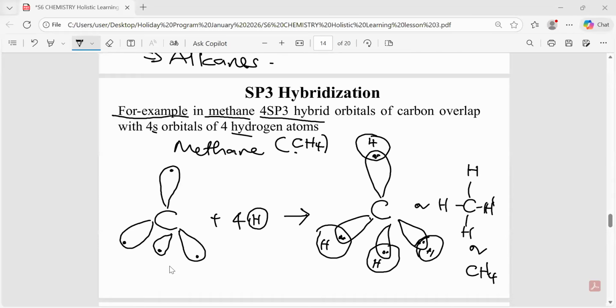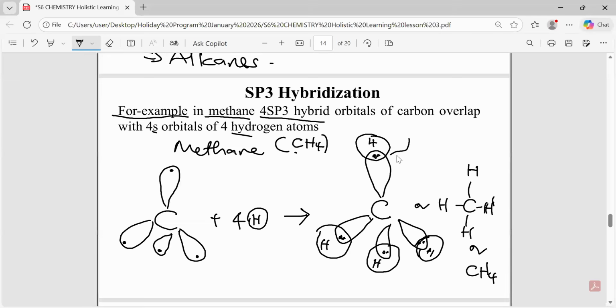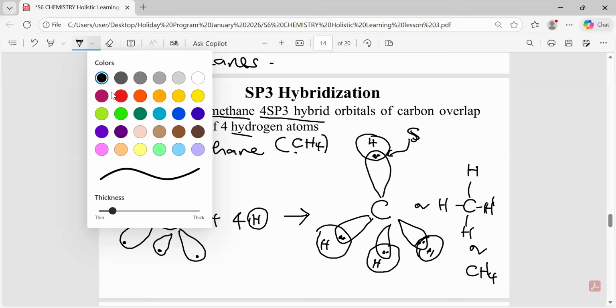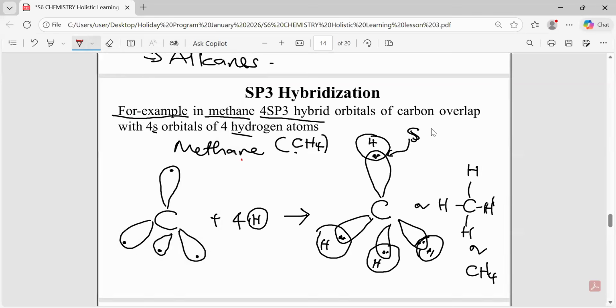The bond is called the sigma bond. So the bond formed is the one we call the sigma bond. Why do we call it sigma bond? Well, it is called a sigma bond because it is formed by overlap of the s orbital of the hydrogen and the sp3 orbitals of the carbon.